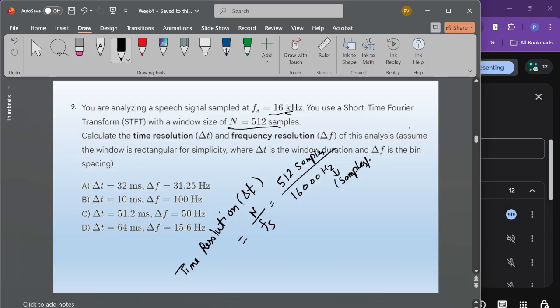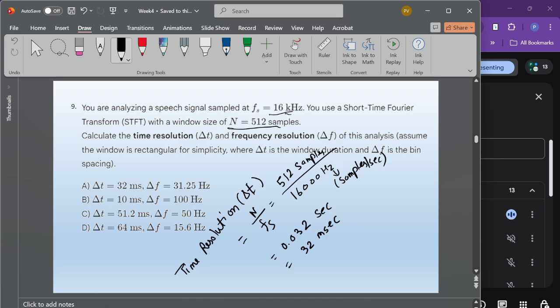If you divide, the samples cancel out and seconds remain. You get 0.032 second, or we can also say 32 milliseconds.